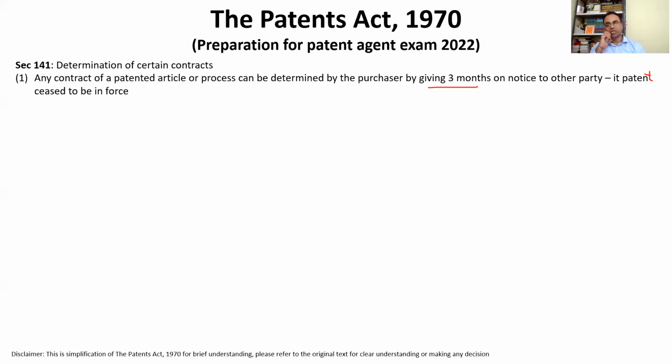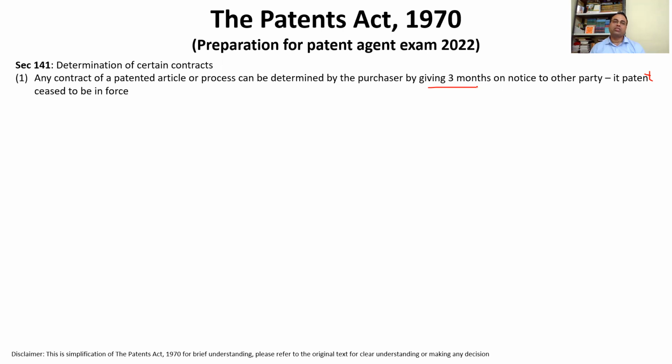terminate the contract. Just like if I take a house, then I need to give my owner 1 month notice period before vacating the house. Similarly, if we have a contract on the patent article, we just need to give 3 months of notice to the other party to finish it.